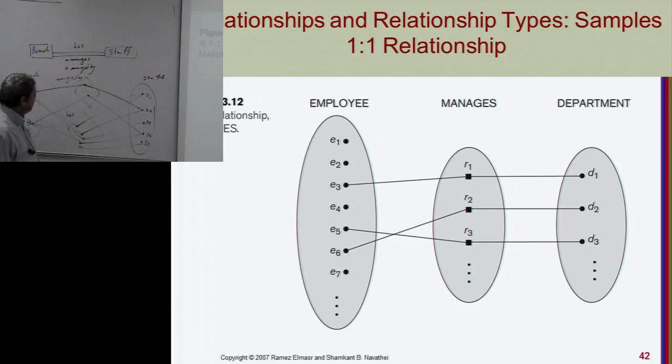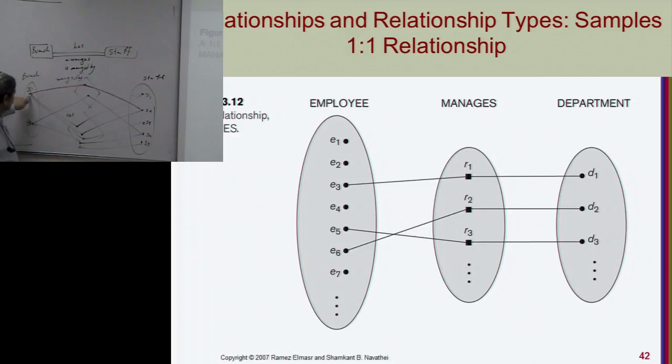Okay. So now I'm coming to a point. Now let me ask you a question. These are what? Occurrences of branch. These are occurrences of staff. What are these? Relationships. This is the relationship. We said branch is an entity type, right?